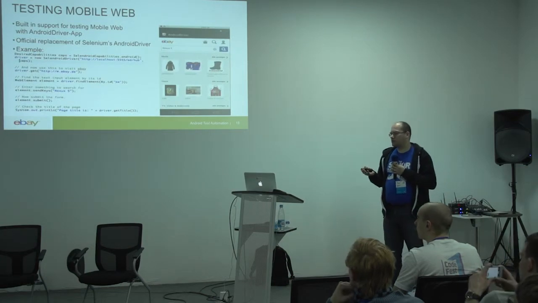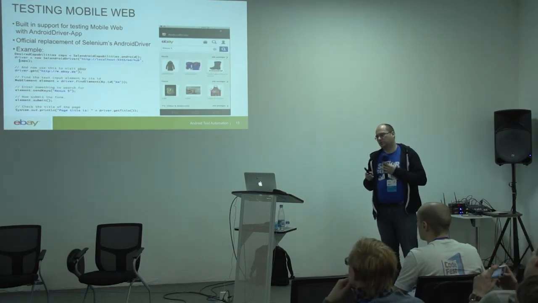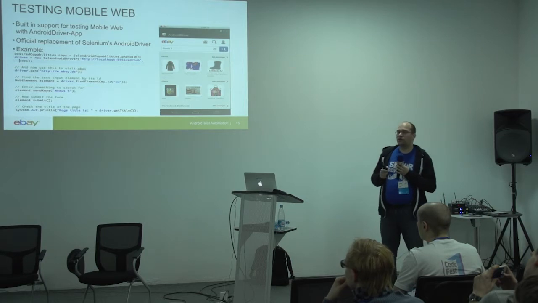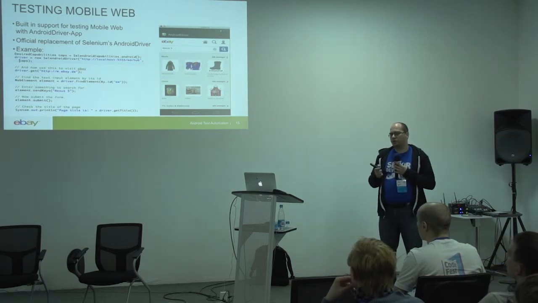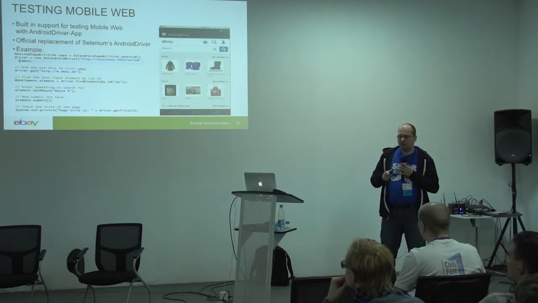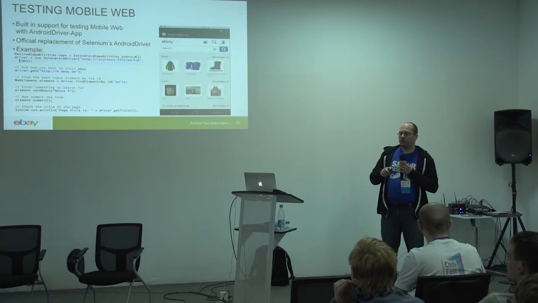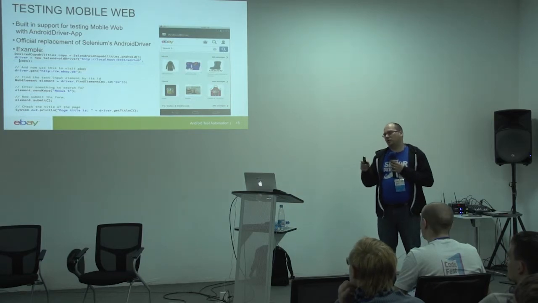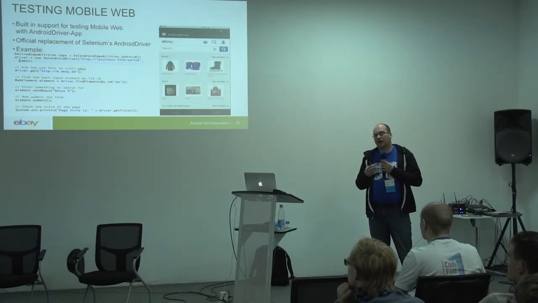You can also test the mobile web. If you would like to test your mobile web page on Android, for example in Chrome, I recommend using ChromeDriver for Android. But the default browser on older devices is not automatable.